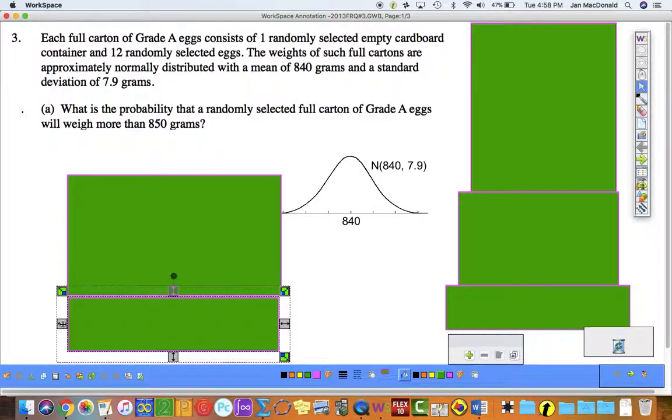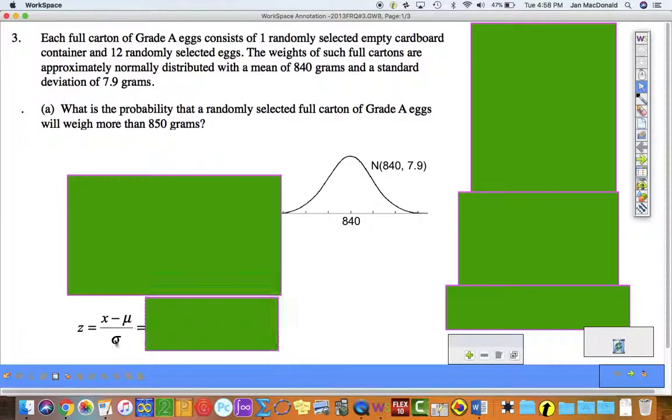So just a reminder, our z-score is our data value subtract our parameter divided by the standard deviation.